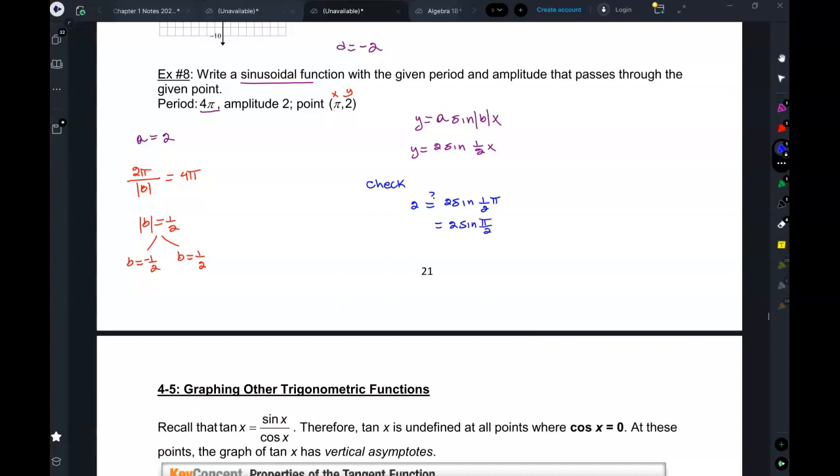What is sine of pi over 2? 1. 2 times 1, is that equal to 2? It is equal to 2, so that is the right function. Okay? If not, you might have had to switch to -1/2. Right? If it was the other option.